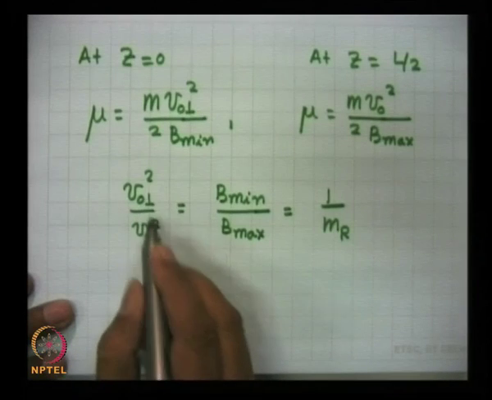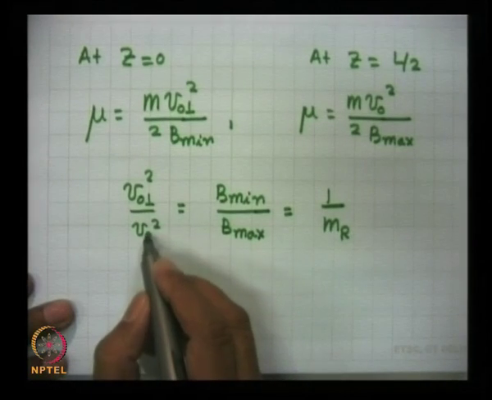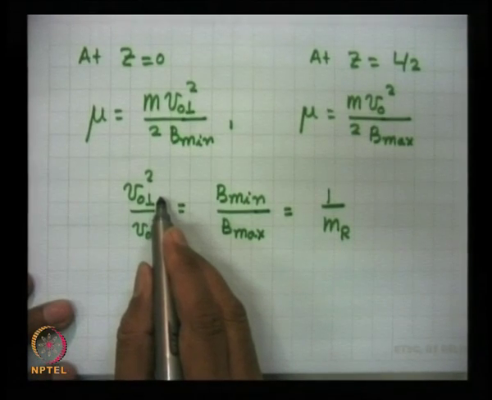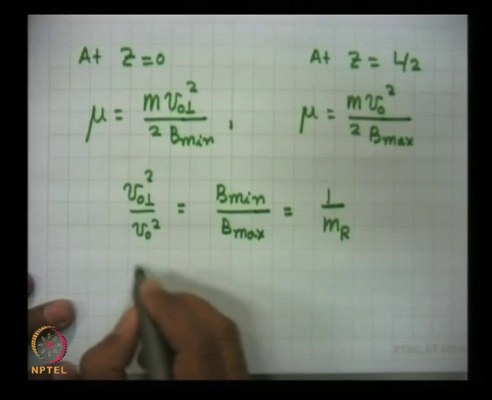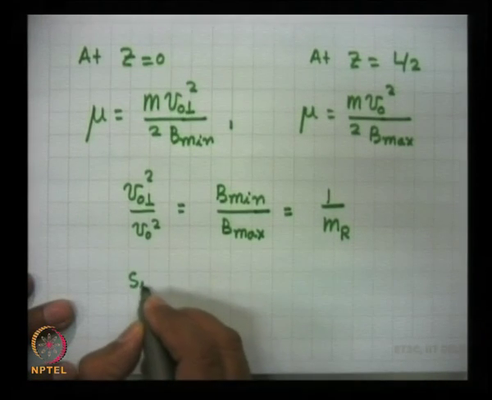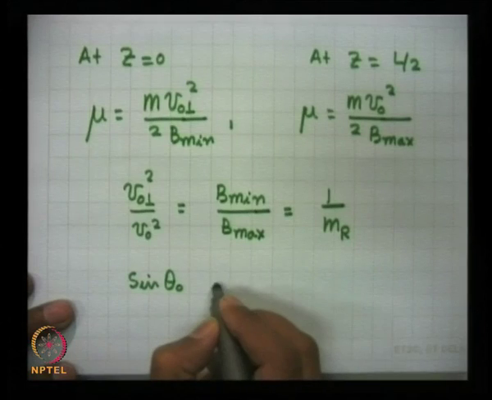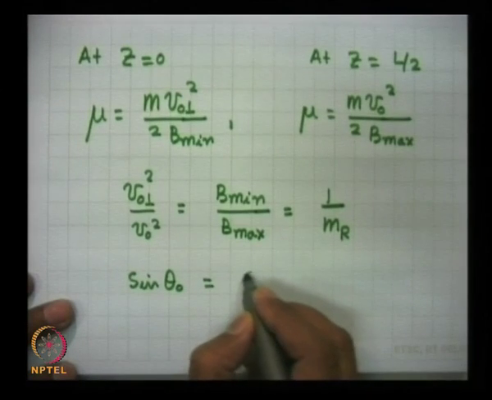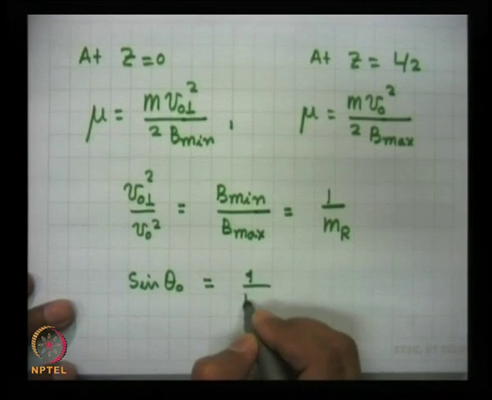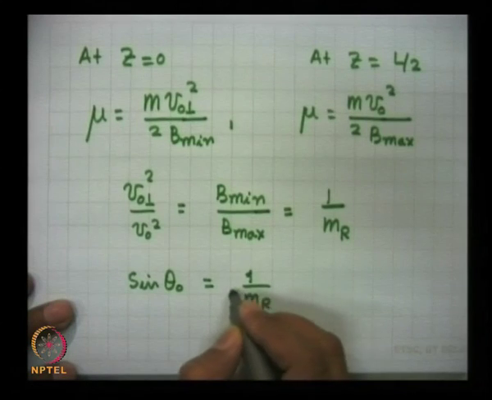And V0 perp by definition is V0 sin theta 0. So, what we get here is sin theta 0 is equal to 1 upon the square root of mr.